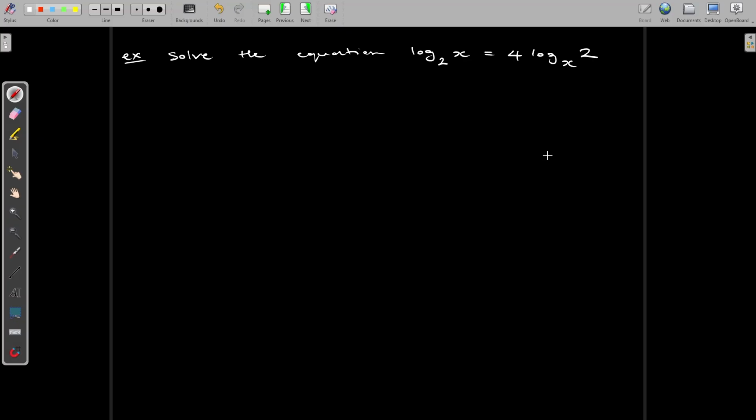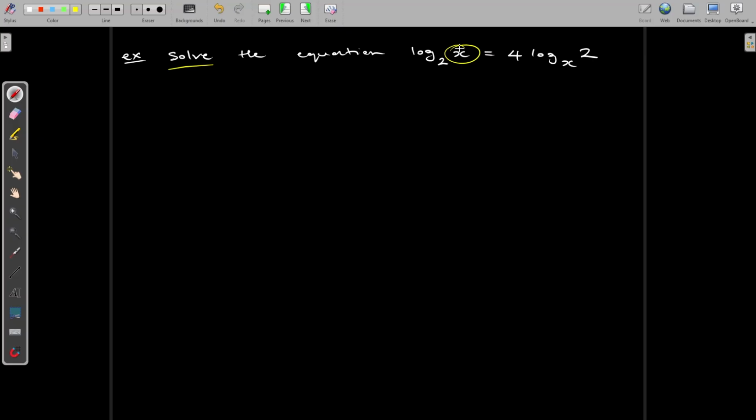This looks pretty tricky, but I promise you it's not that bad. If we're looking at such a question and it says solve, we must first identify where our variable is. In this case, the variable we're looking for is x, and we see that we have an x here in the number position.